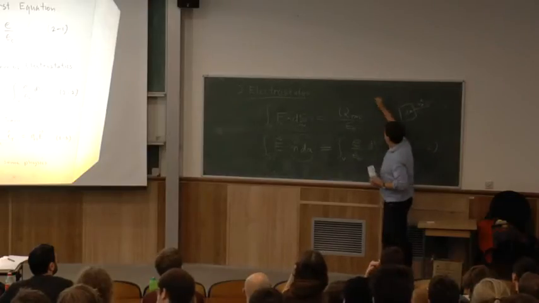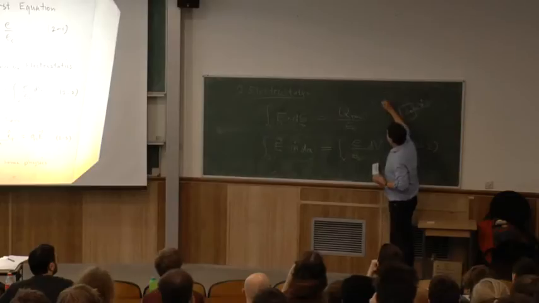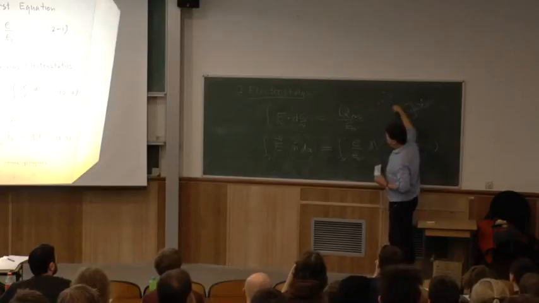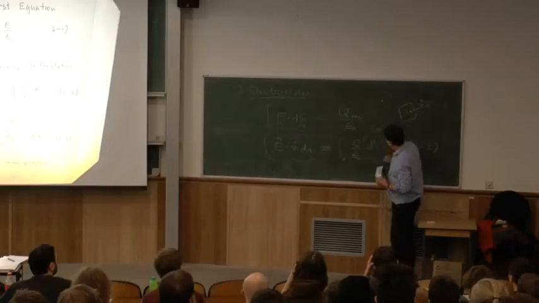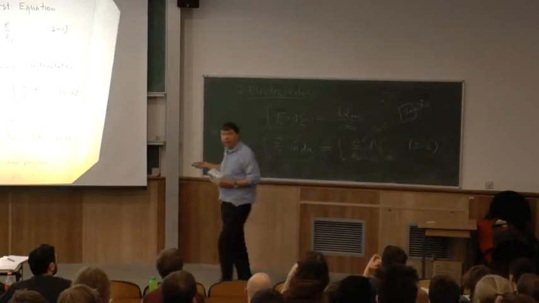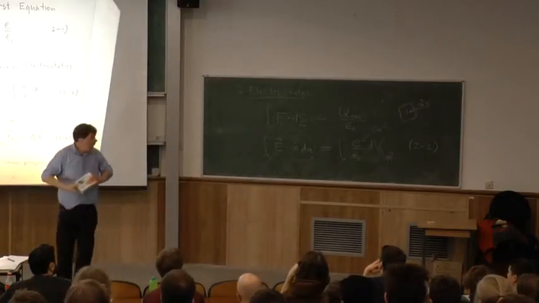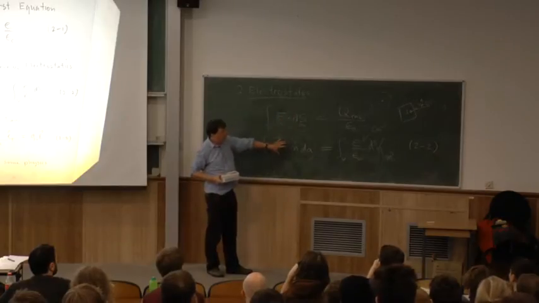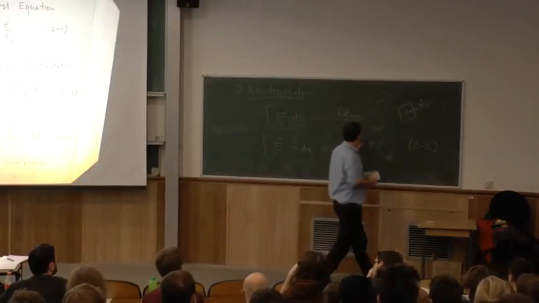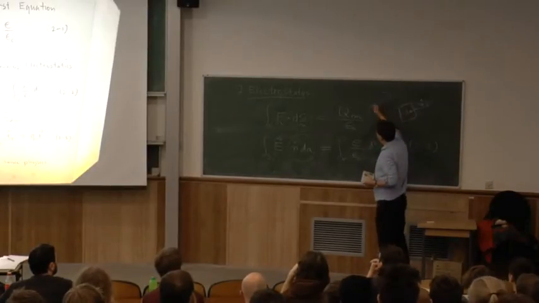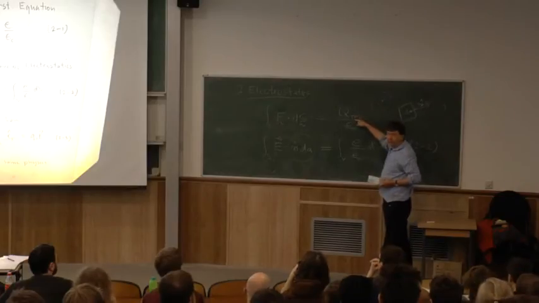If I've got some arbitrary volume, and inside it I know the charge density at every point, remember this one's in coulombs per cubic metre, and I integrate over the volume, of course I get the total charge enclosed. However, if we want to link up our new way of looking at electrostatics with the previous way, it's important to write this as a volume integral rather than just the total charge enclosed.